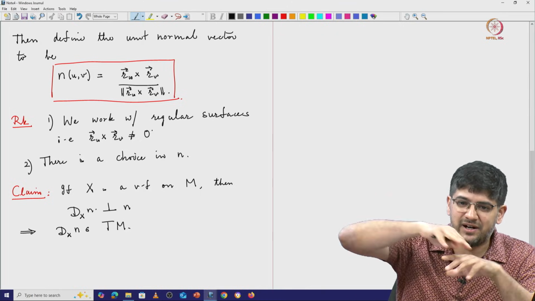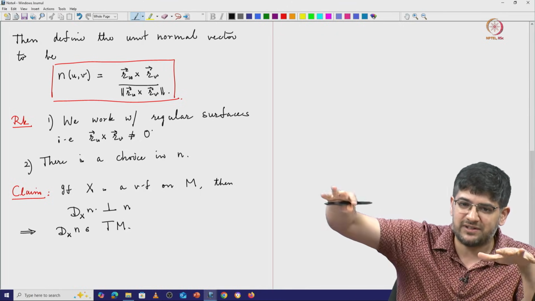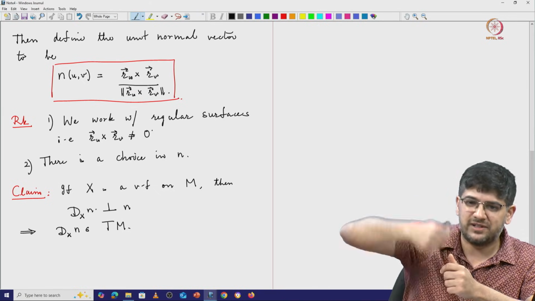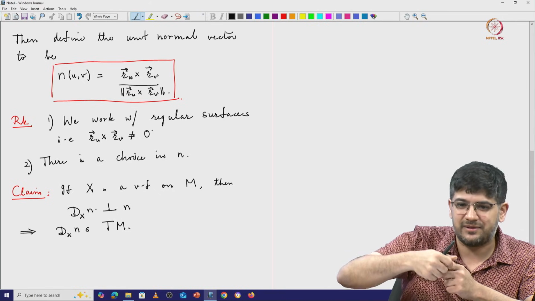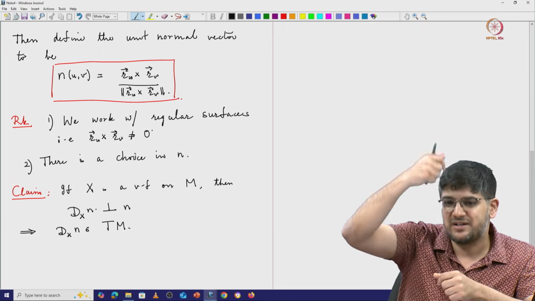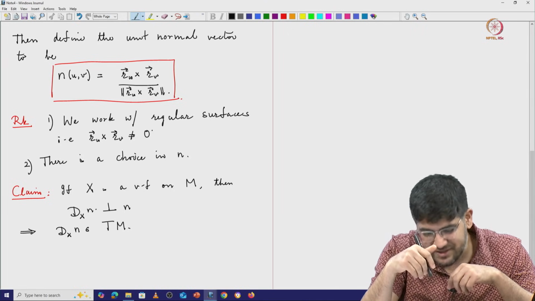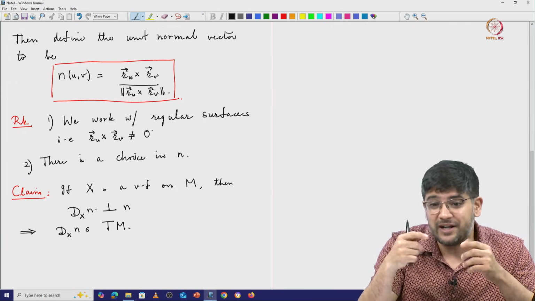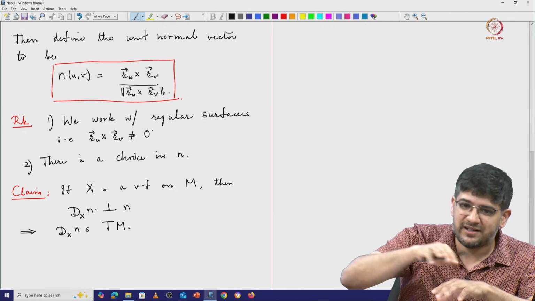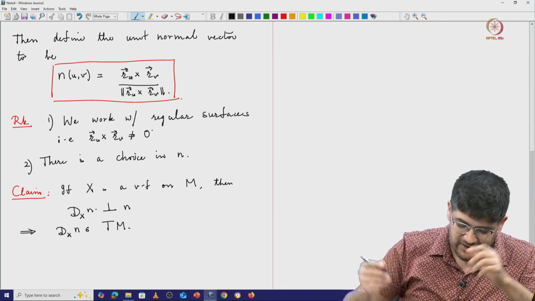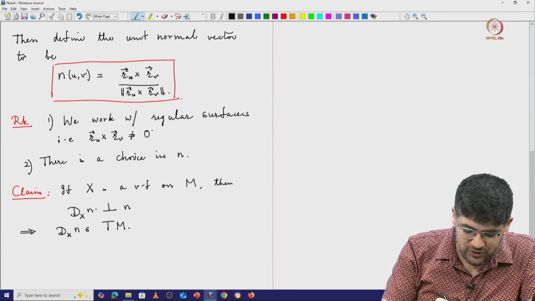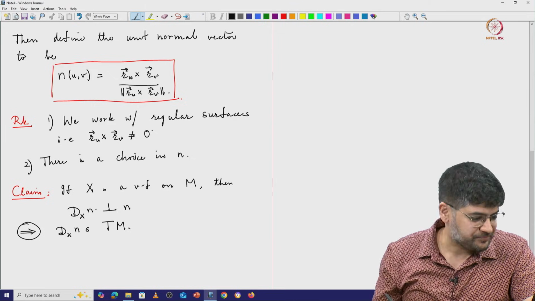At any point on M, you either have the tangent space or you have the direction, essentially the unique direction up to sign, which is perpendicular to the tangent space. So if something is perpendicular to that normal vector, then it ought to lie in the tangent space, right. So that is what this implication says.